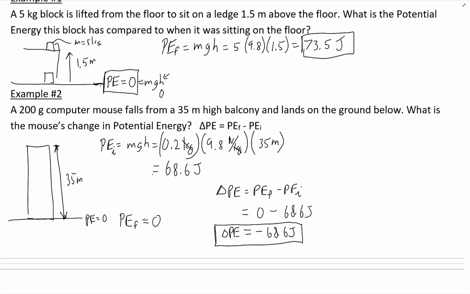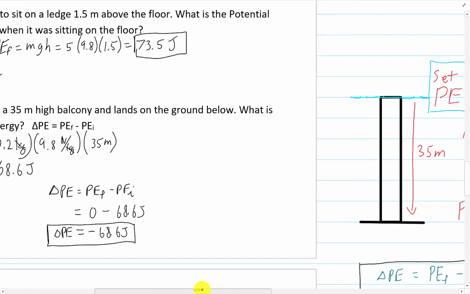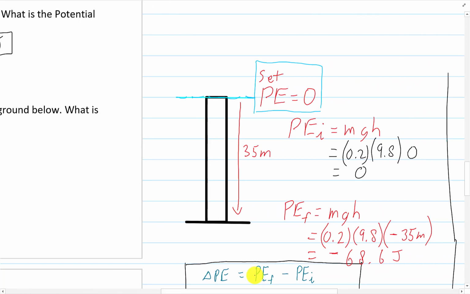The quick question now is, what happens if I don't want to measure the potential energy from the ground? You don't have to. Let's go over here to the pre-work solution. If we set the potential energy to be 0 at the top of the building, the initial is mgh and it's 0, because when we start at the top, the distance h is 0.